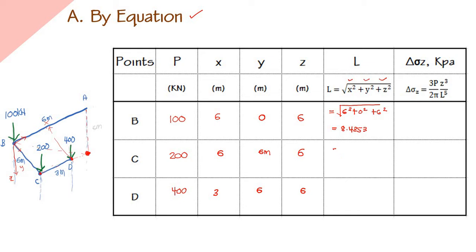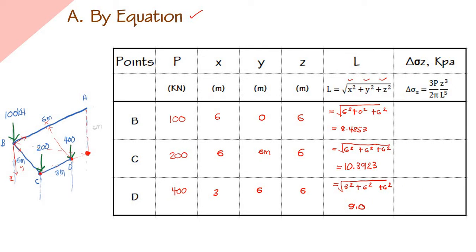Next is the square root of 6 squared plus 6 squared plus 6 squared. So this is 10.3923. And then finally, square root of 3 squared plus 6 squared plus 6 squared. This is 9.0.